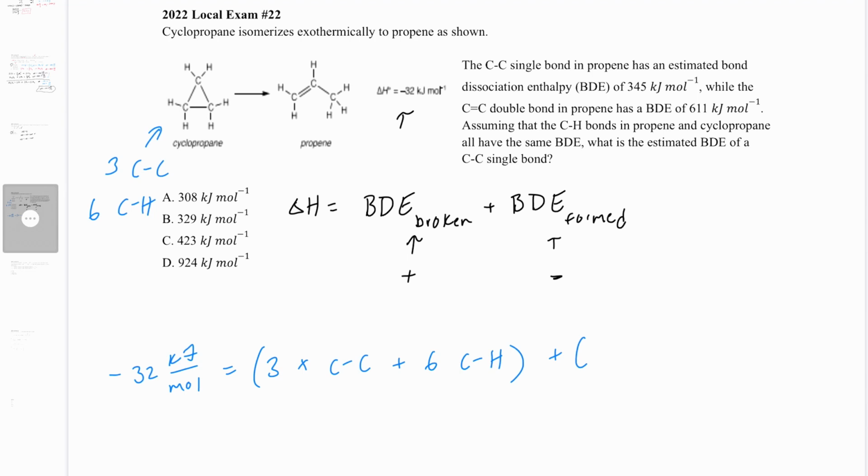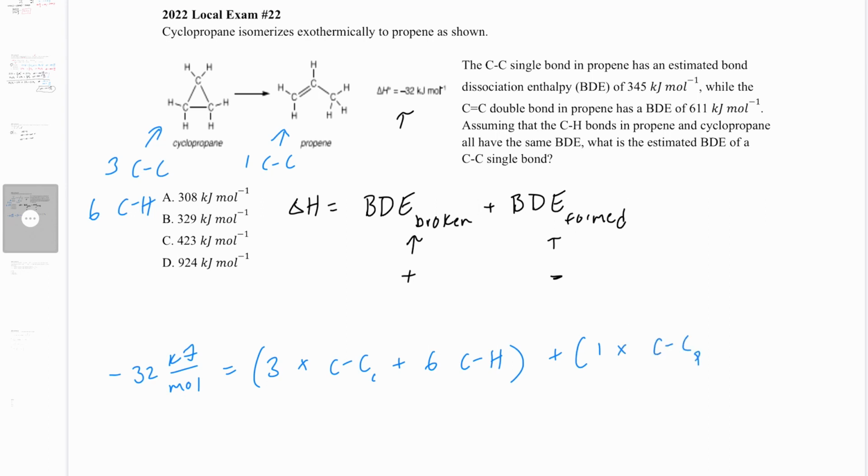So what are the bonds being formed in propane? Well, you have 1 carbon-carbon bond, and remember, the carbon-carbon bond doesn't necessarily have the same energies in both the cyclopropane and the propane. So let me just put a subscript here of another C to represent that this is the carbon-carbon bond dissociation enthalpy in cyclopropene. And so we have 1 of our carbon-carbon of propene.